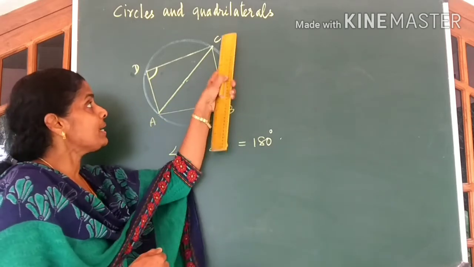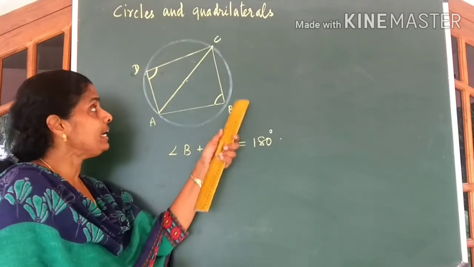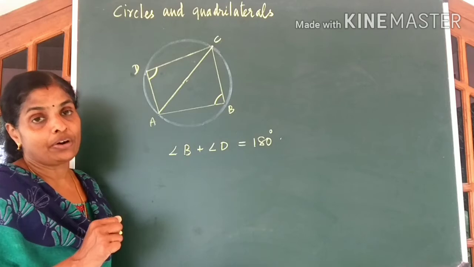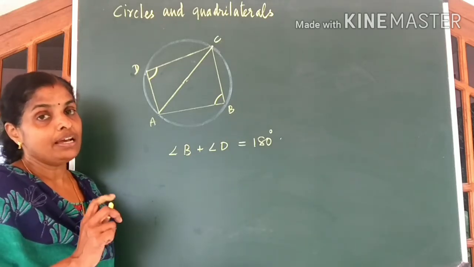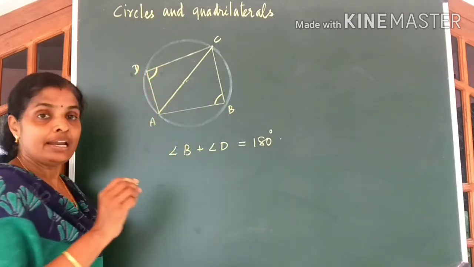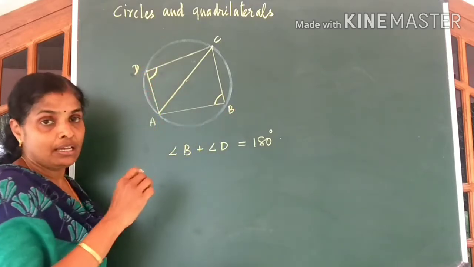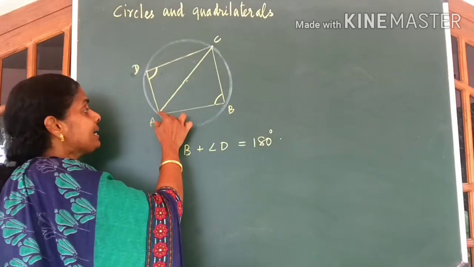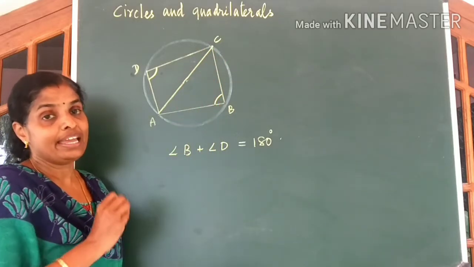Since A, B, C and D are on the circle, the quadrilateral ABCD can be called as a cyclic quadrilateral. So we can say in a cyclic quadrilateral, opposite angles are supplementary. If you join B to D, then we will get angle A plus angle C to be equal to 180 degree.